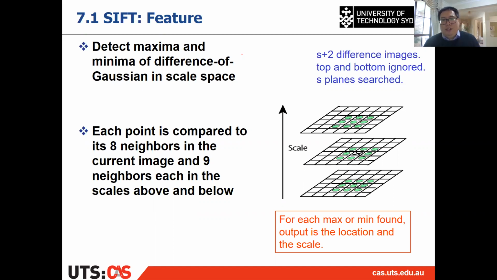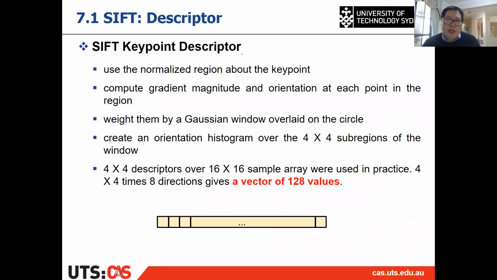So that's the feature detection. And another part of SIFT is called the descriptor. A descriptor is a description of each of the features. The descriptor is 128 dimensions, which means 128 values in the vector. That is the descriptor.